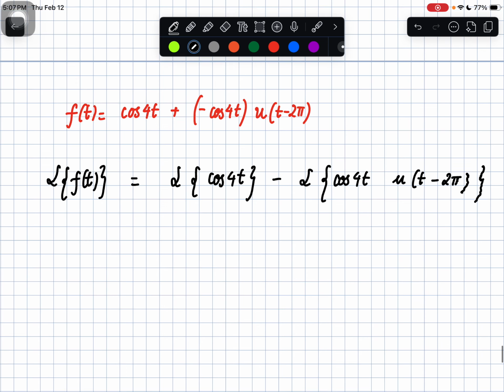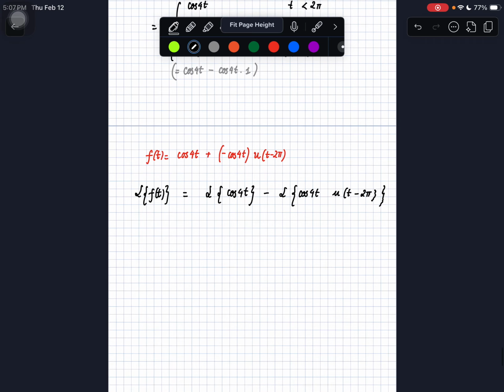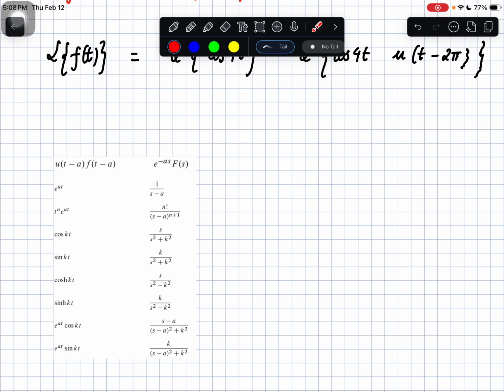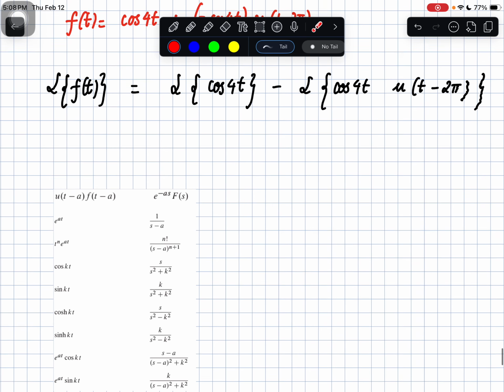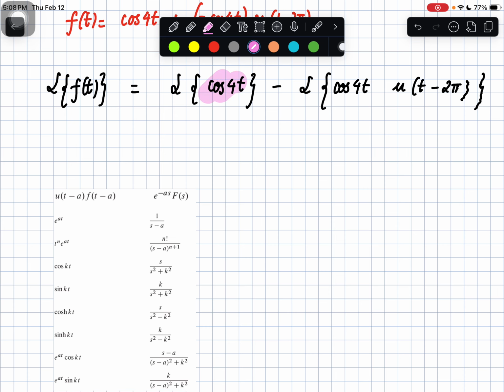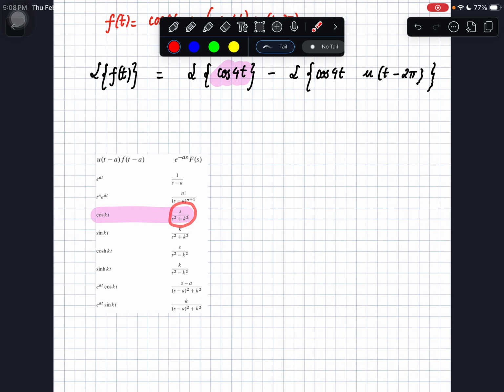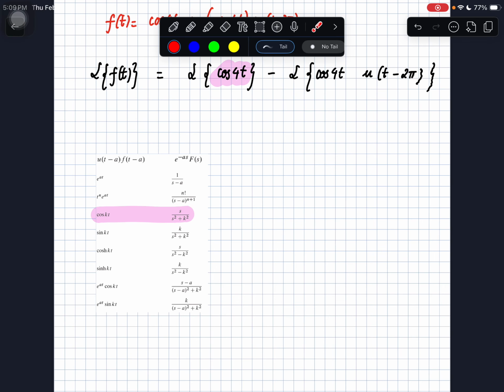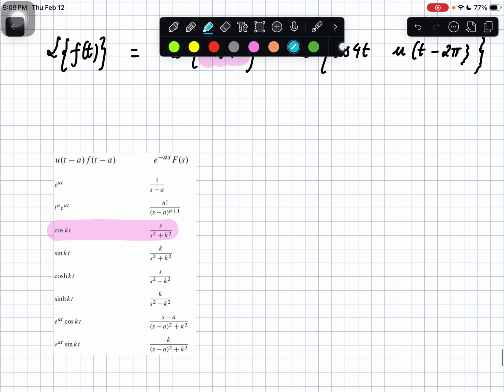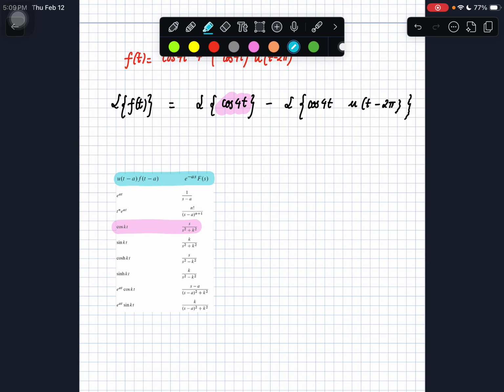So now we use the table. Here I have the Laplace transform table. Cosine kt will give us this one. That's the first term. For the second term, the Laplace transform of something times the unit step function, we use this one. So those are the two formulas we will use.